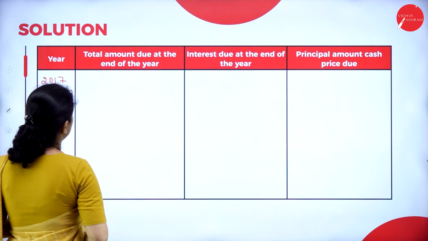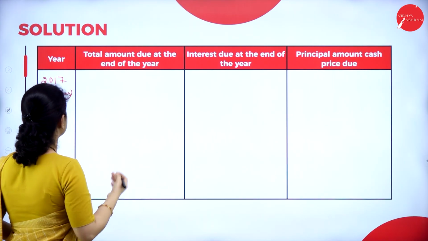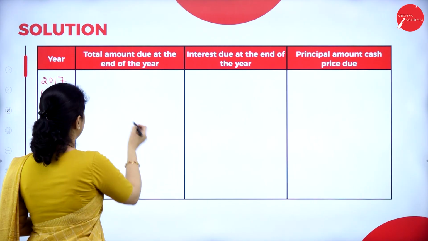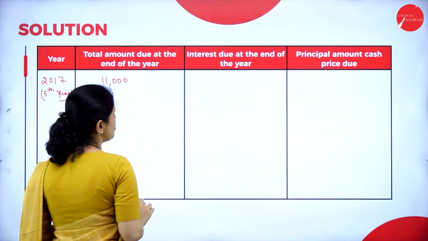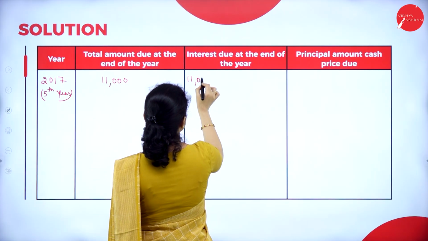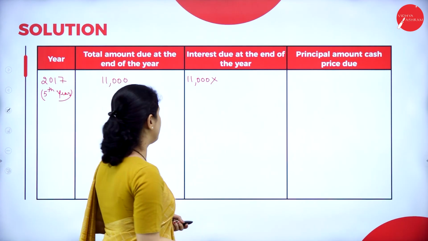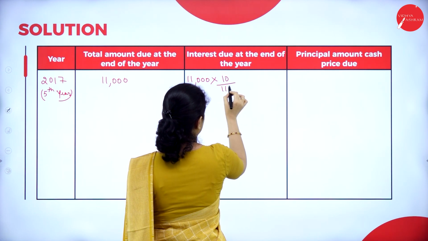Total amount due at the end of the year, that means in 2017, whatever installment is given, that we have to write, that is 11,000. Interest due at the end of the year. Here we have to calculate the cash price, because of that we have to do 10 divided by 110.